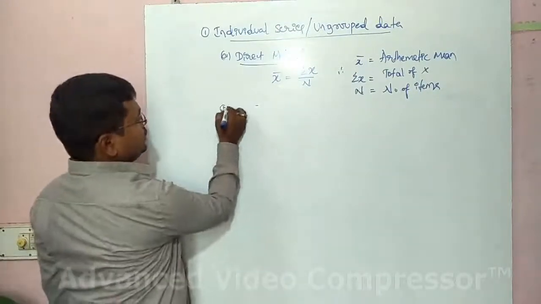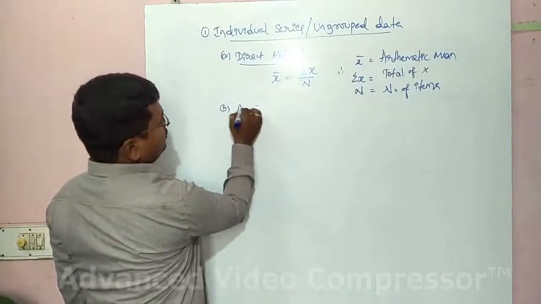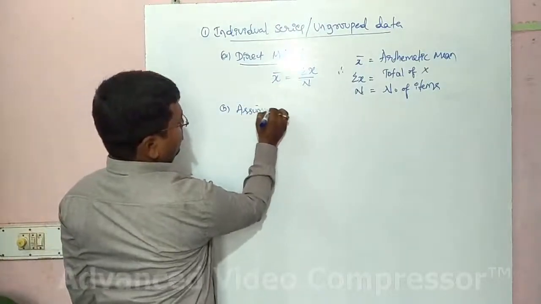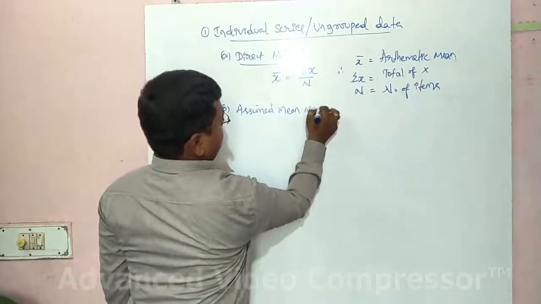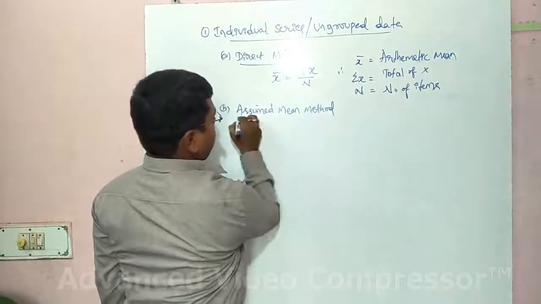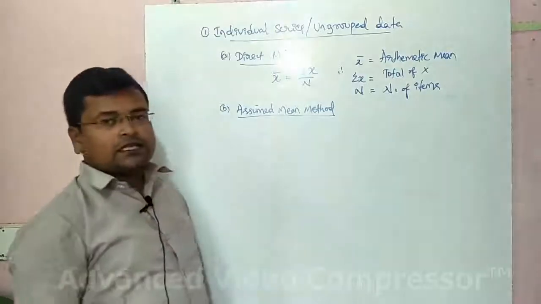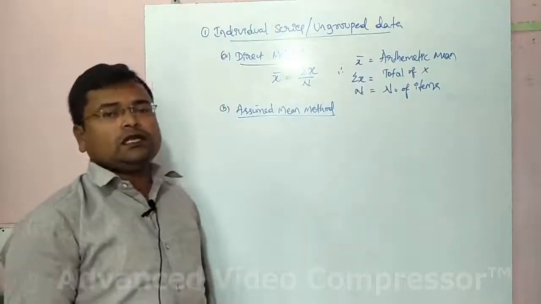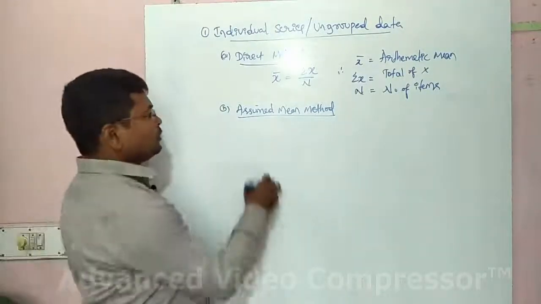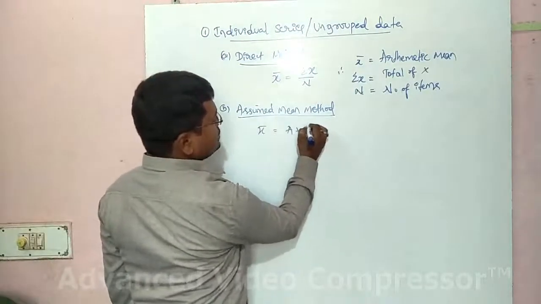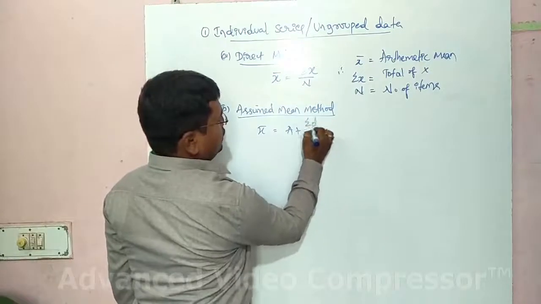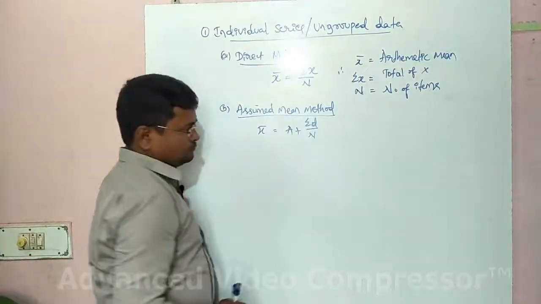The second method is the assumed mean method, and in this method also there is a separate formula. The formula is like this: x bar is equal to a plus summation of d divided by n.